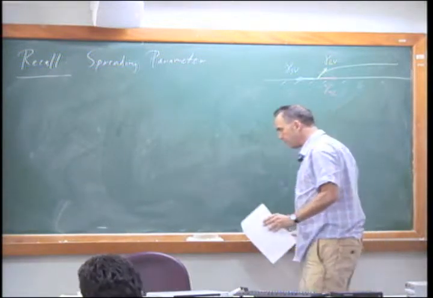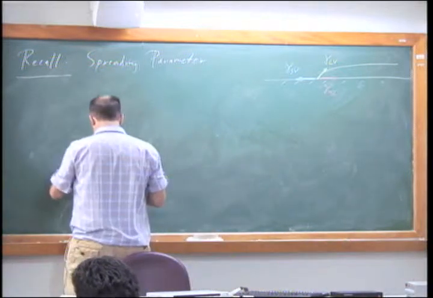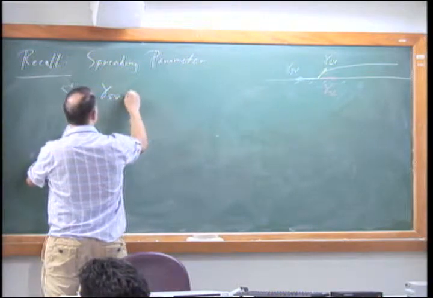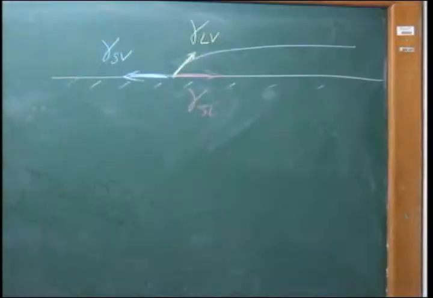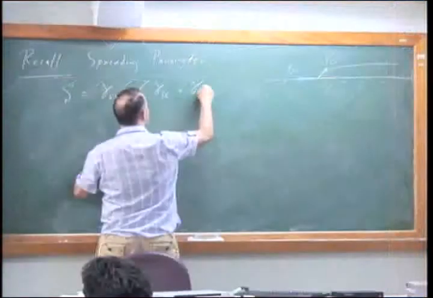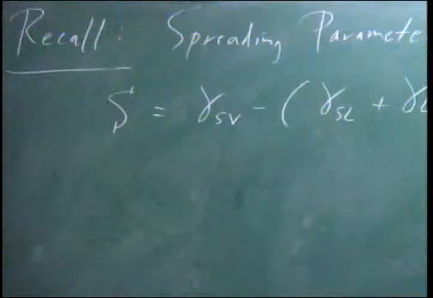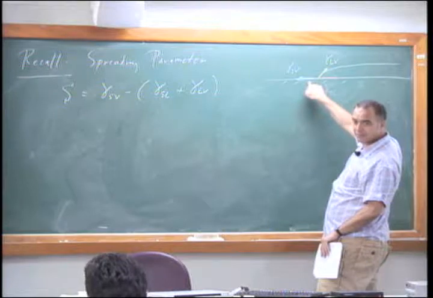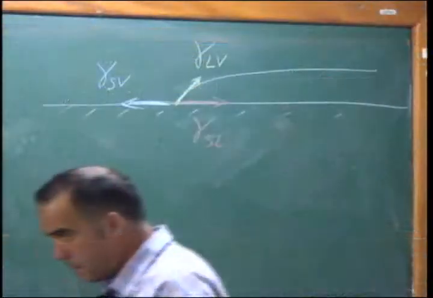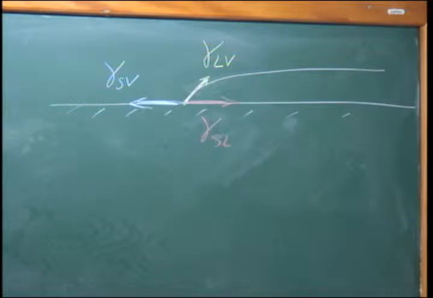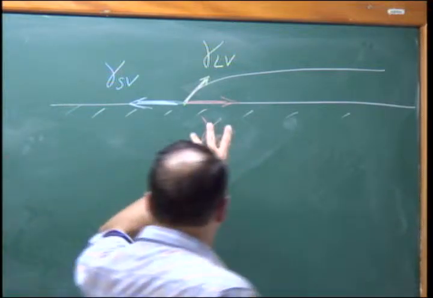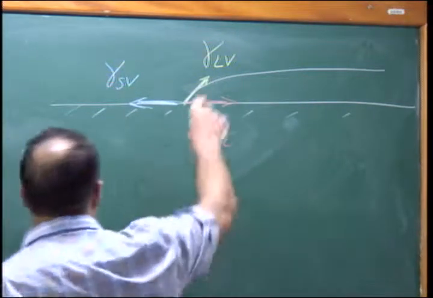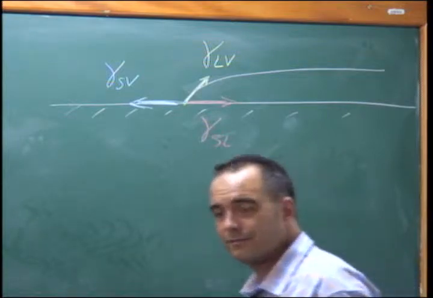So the spreading parameter is defined in terms of these three tensions. It's basically this one minus these two. So it's going to spread if this thing wins, if you like. If the energy of the dry surface is less than that of these two wet surfaces, then it's going to stay as it is.